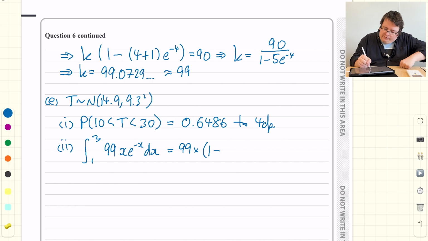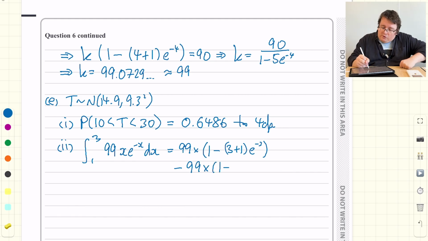So e to the minus 3 there. And we're going to take away 99 times 1 take away, now the 0 to 1 bit, so n plus 1 e to the minus n.